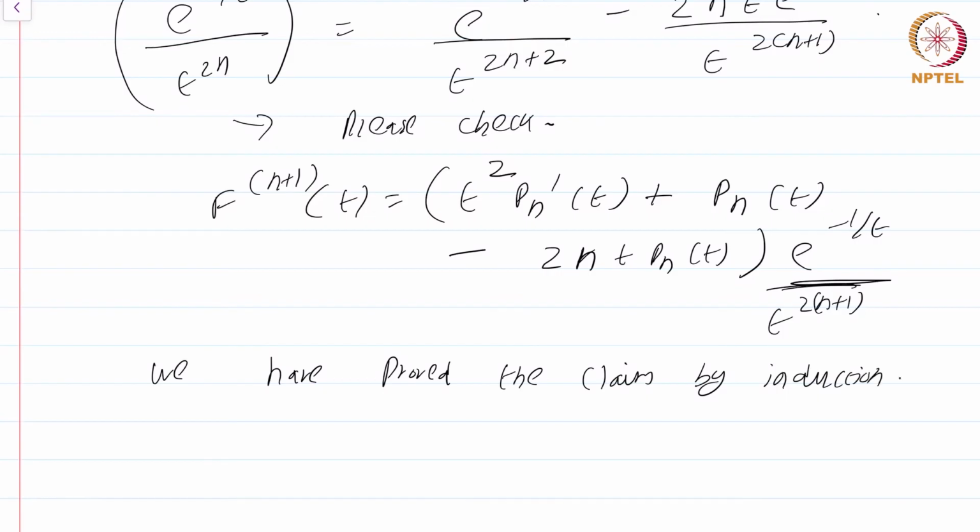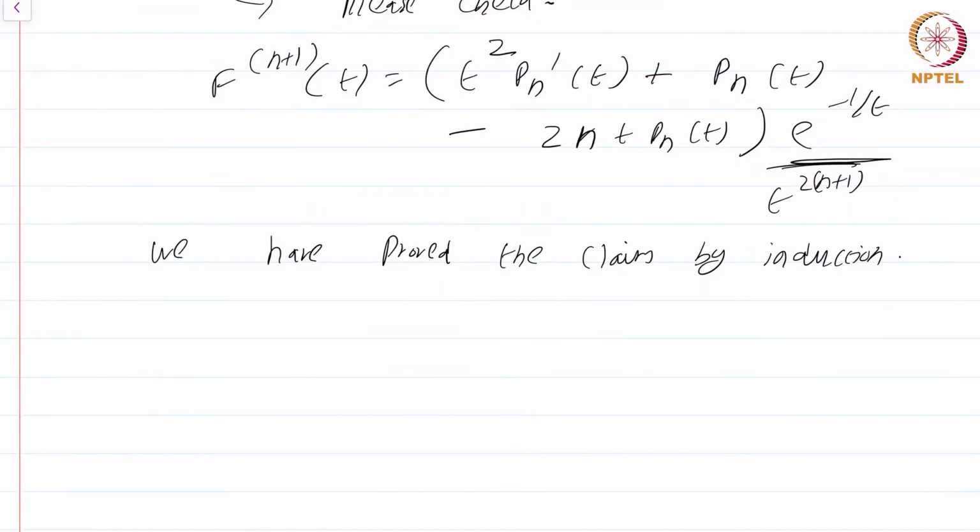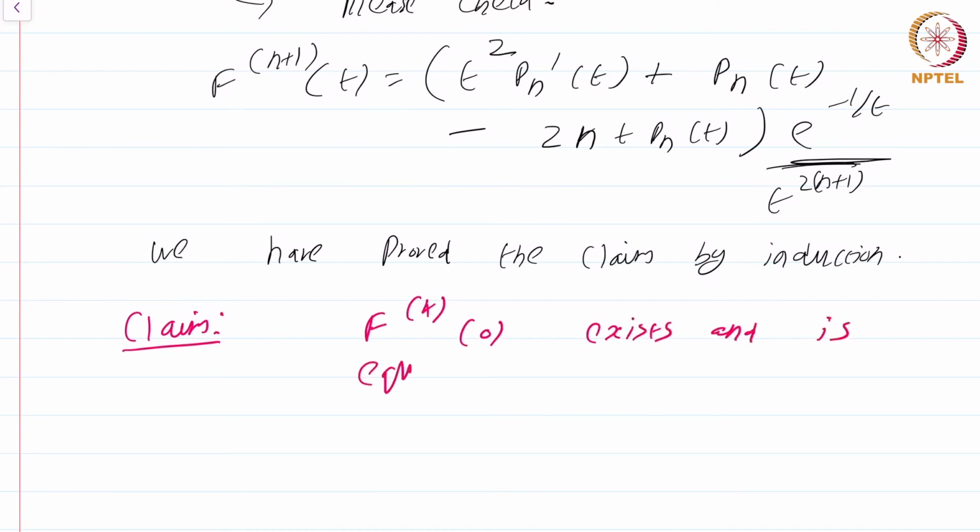So now we exactly know how f n plus 1 of t at t greater than 0 is going to look. Okay, now our aim is another claim which is going to be proved again by induction. The claim is that fk of 0 exists and is equal to 0, which is what we want to show.